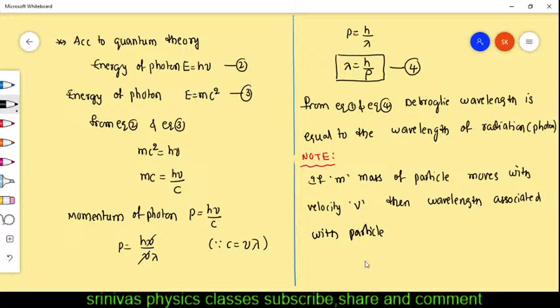Tell me. Lambda is equal to h by mv, or we write h by p. Okay, this we know.